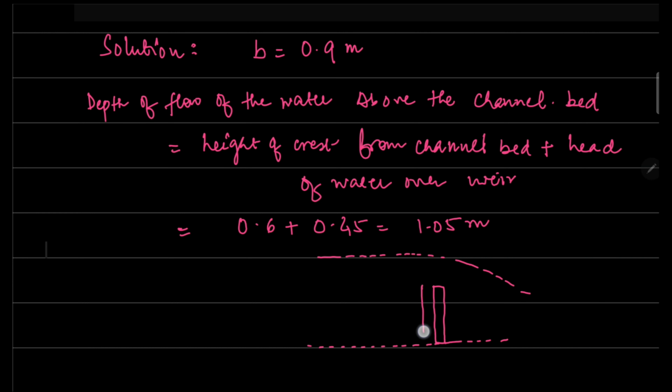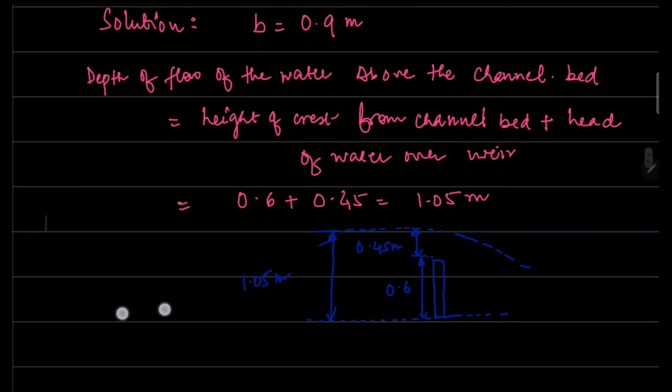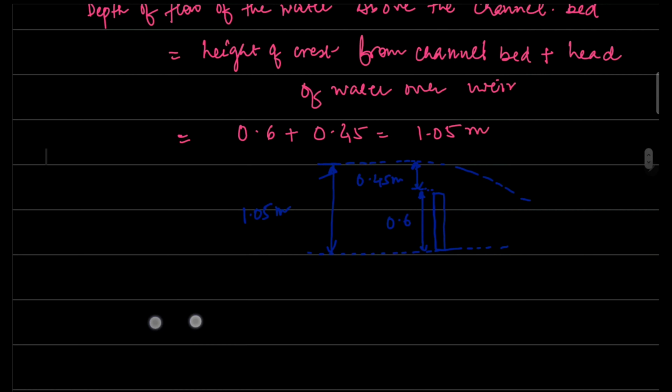So the crest from the bed of the channel is 0.6 meter, and another value is given as 0.45 meter, and then the total height of flow will come out to be 1.05 meter. I guess this picture would have made the things I have just mentioned above more clear. So using this concept, let's go for the solution.